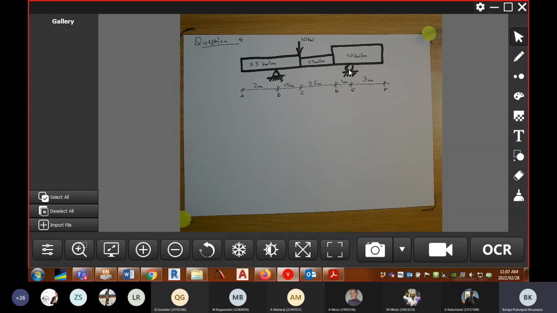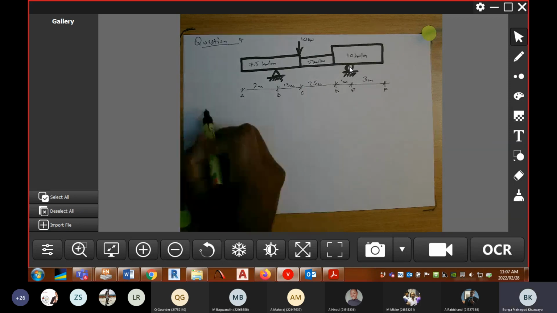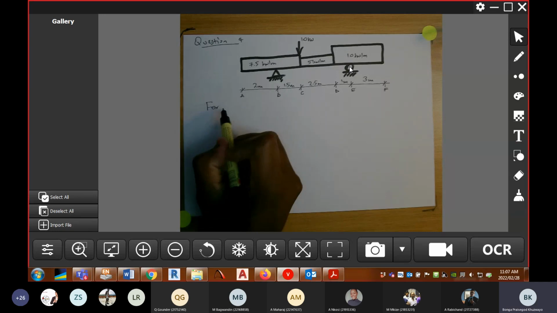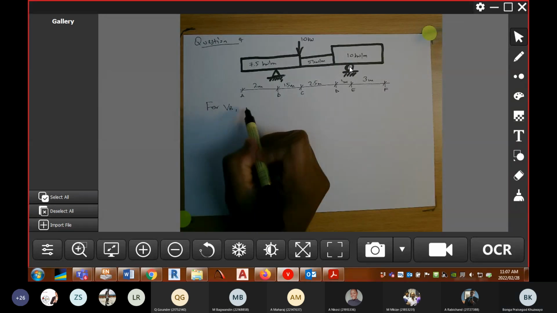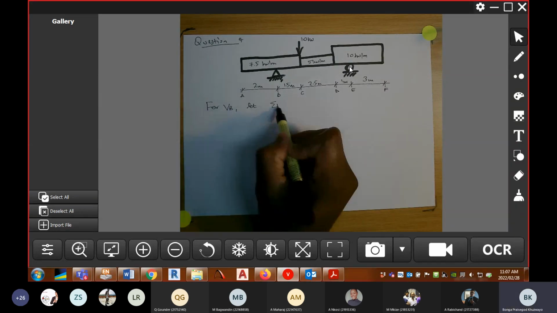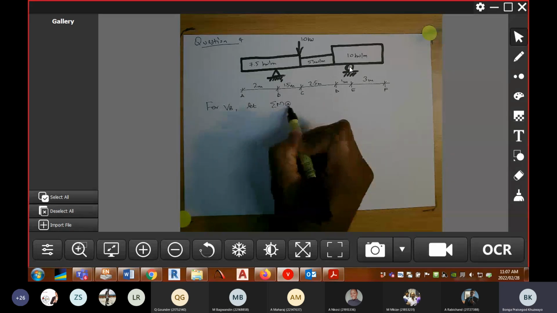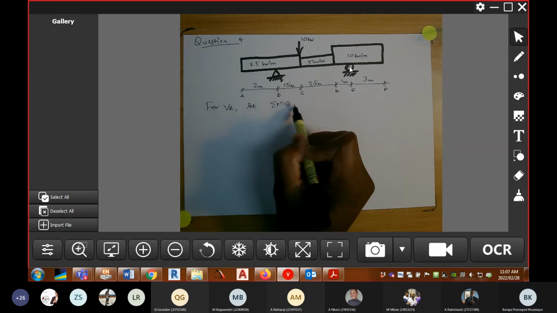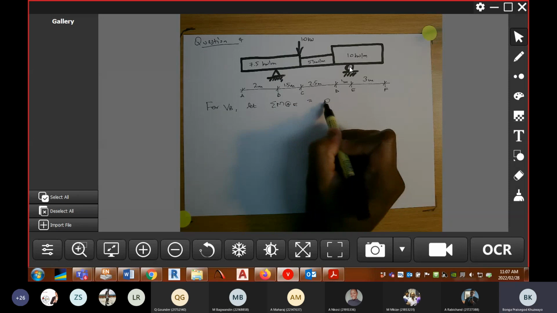So I'm going to take sum of the moments at node E equals 0. Let me write a statement for that. For VB, let sum of the moments at node E equals 0.